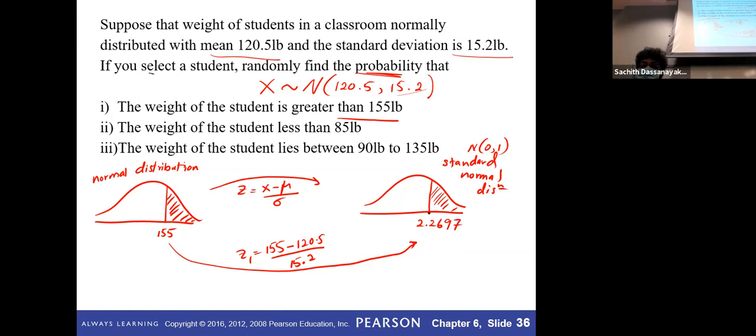This value right here, let's say the z score value, is this much.